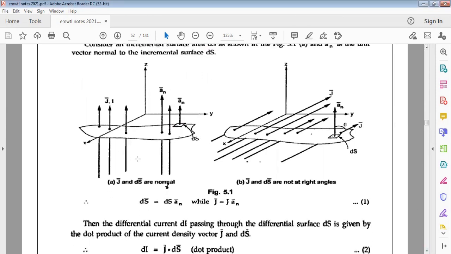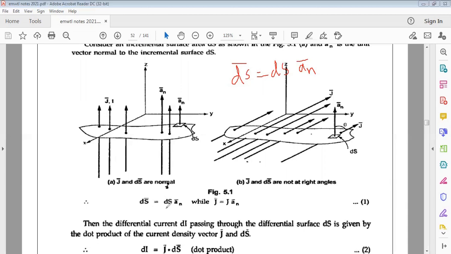Now, the differential surface ds is a scalar quantity. When it is a vector quantity, ds has a magnitude and also a direction. The magnitude is ds and the direction is an bar.